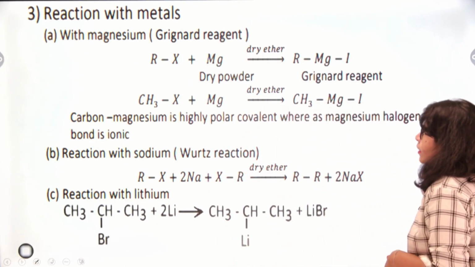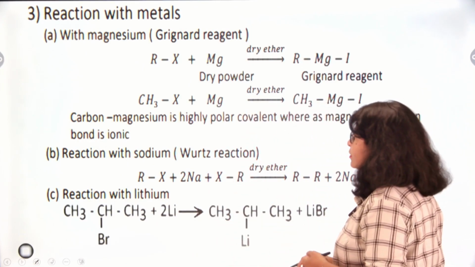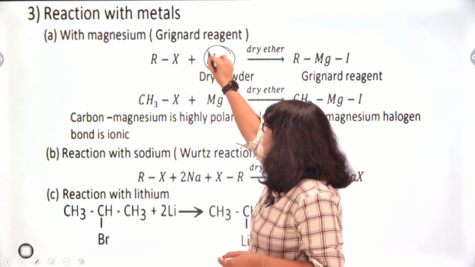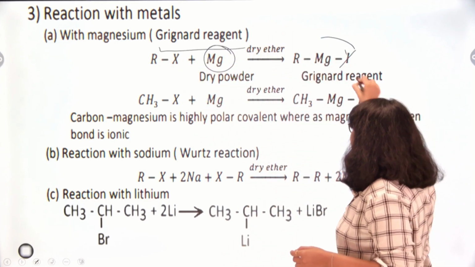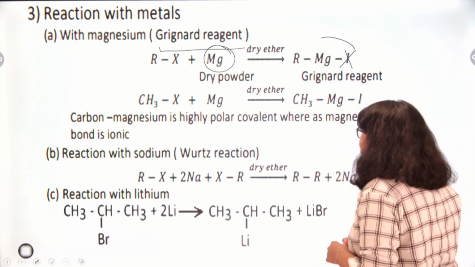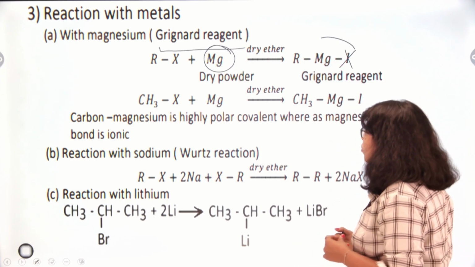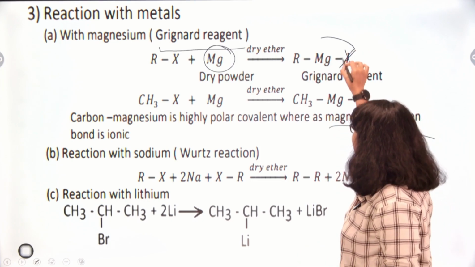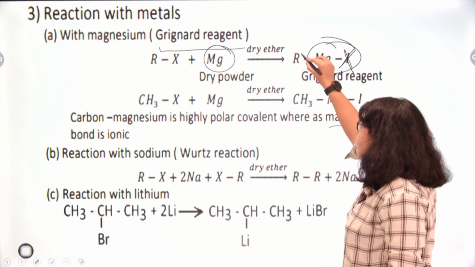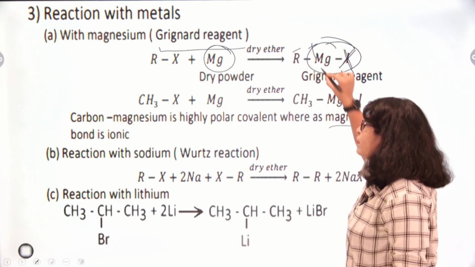Now, if I see the reaction with metals, when RX reacts with Mg in dry ether, you get a reagent called the Grignard reagent, RMgX. Now, the carbon-magnesium bond is highly polar covalent, whereas the magnesium-halogen bond is ionic. This breaks off as R minus and MgX plus.